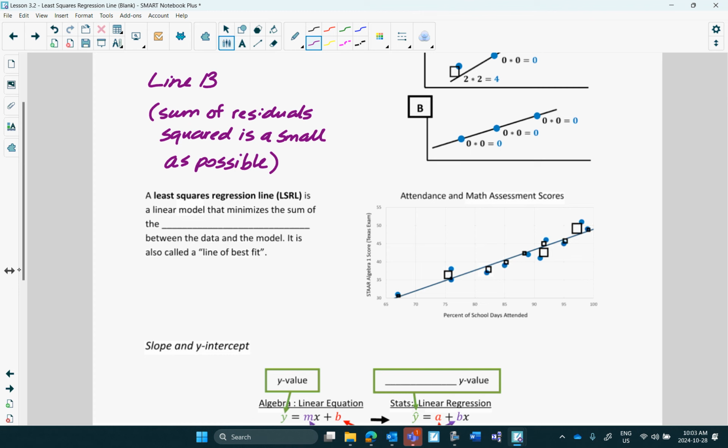So this is something that you should be familiar with: the sum of the squares of the residuals. You definitely want to be familiar with that definition. Why do we call it a least squares? Because the sum of the squares of the residuals is minimized, as small as possible.